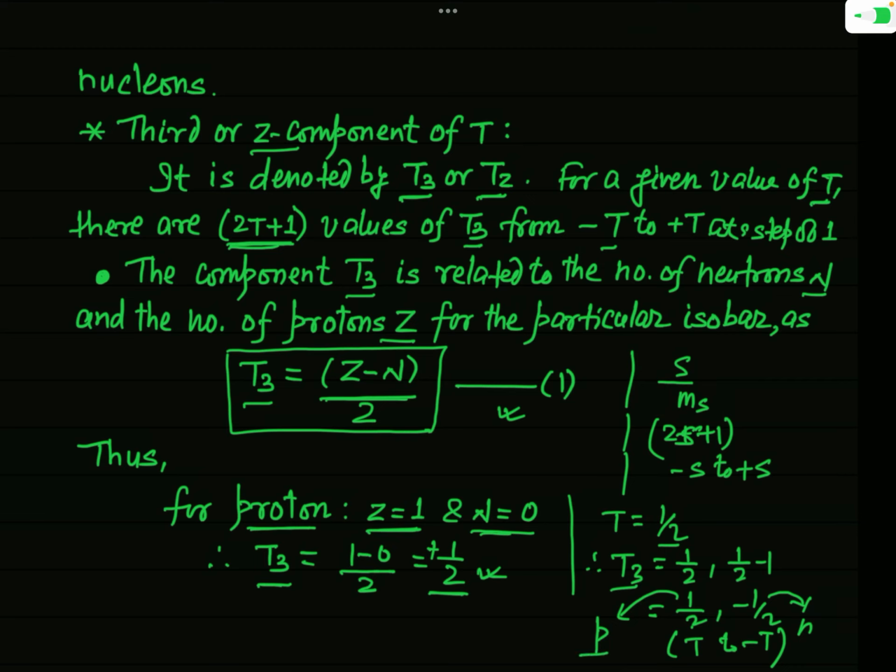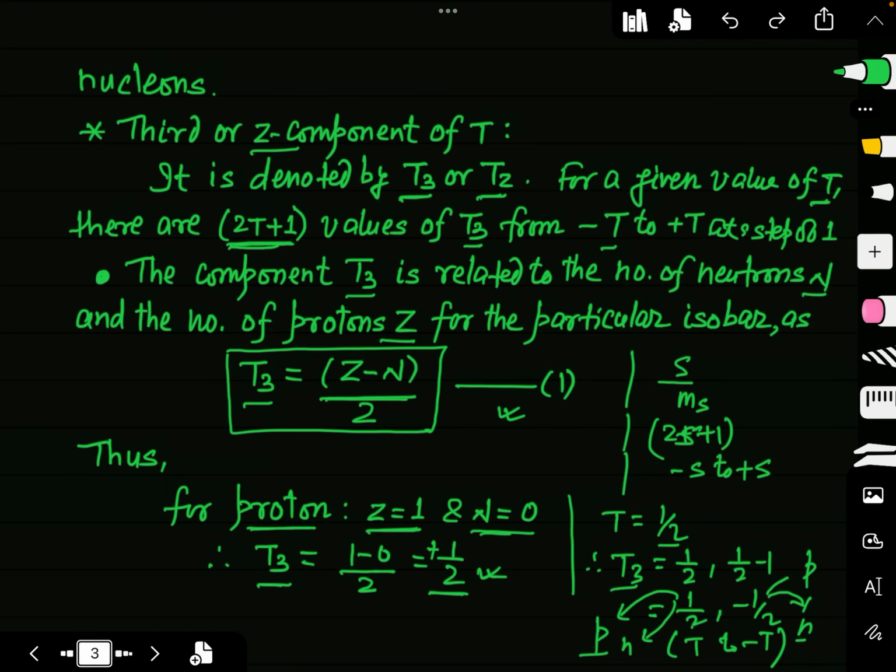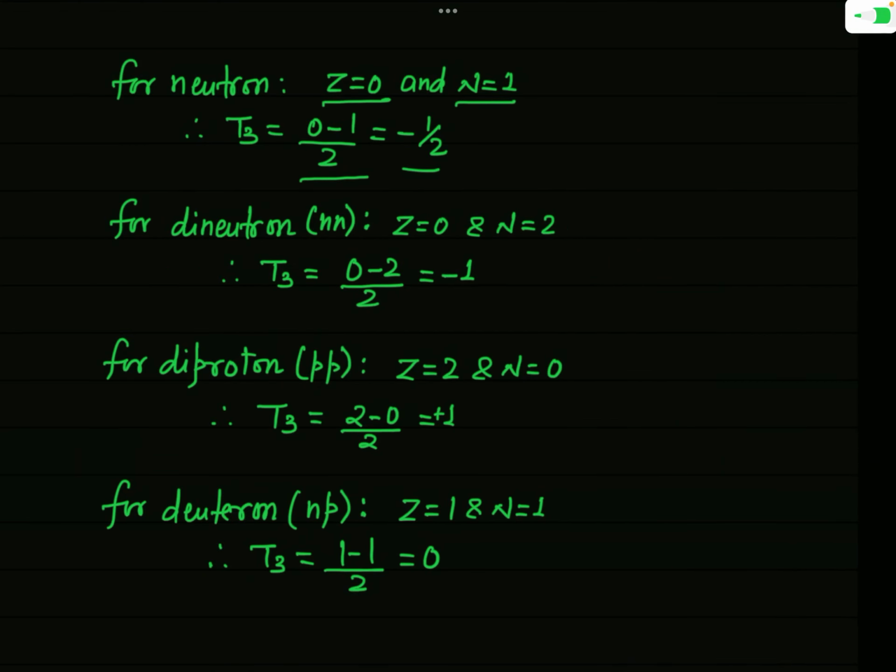If you consider that nucleon proton, then you say that T3 equal to 1 by 2 is for proton and minus 1 by 2 is for neutron. But if anybody prefers to say that T3 equal to minus half for proton and plus half for neutron, is it wrong? Answer will be no. This is just a convention. So we may use the convention that T3 equal to minus half for a proton and plus half for a neutron. Okay.